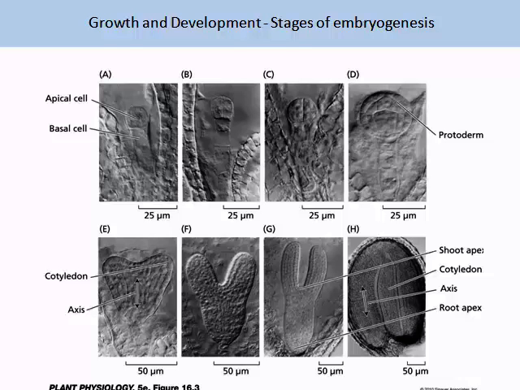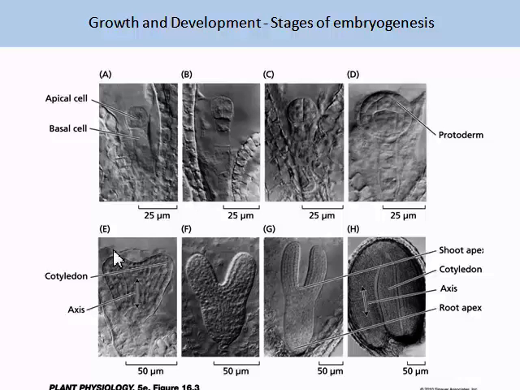The process begins with the initial structures of the apical and basal cells. This is known as the zygote stage and is illustrated in figure 1A. Cells continue to divide, B and C, until the production of the protoderm, which is the protective layer.